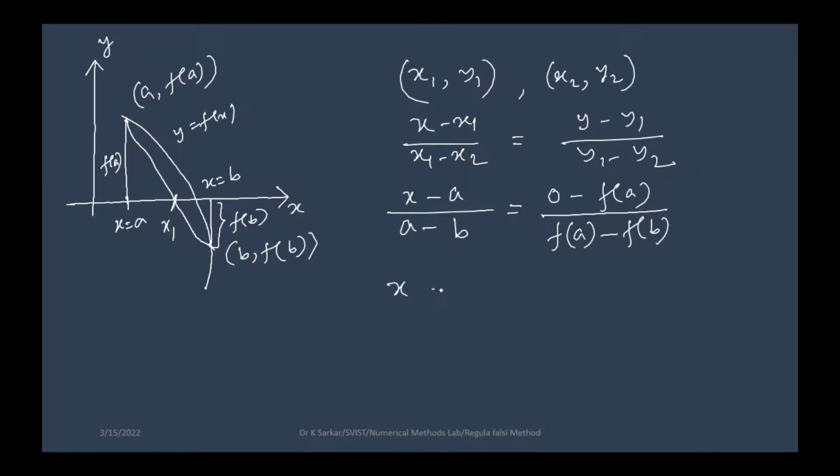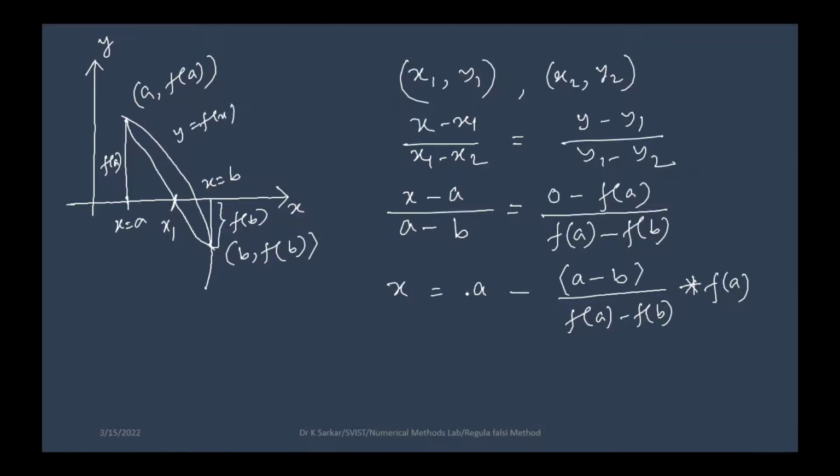Now x equals a minus (a minus b) by (f(a) minus f(b)) multiplied by f(a). So this is the first iteration, that is x1 equals to this much. This is the statement for the Regula Falsi method, what we have to incorporate in the programming code.